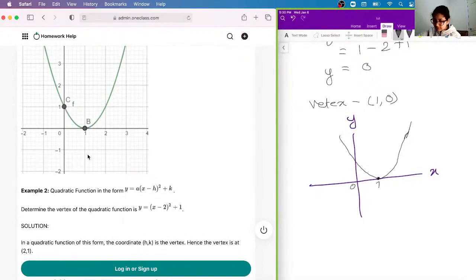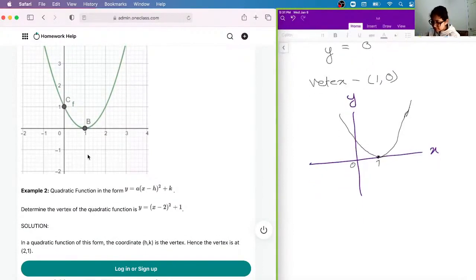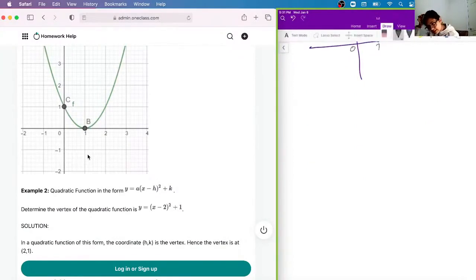Example 2 is where your quadratic function can be expressed in the form y equals a times x minus h squared plus k. This is called the vertex form.